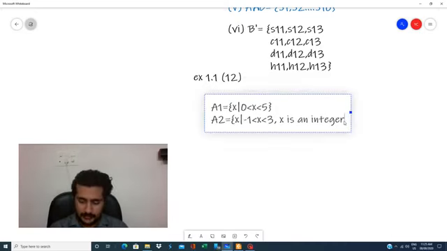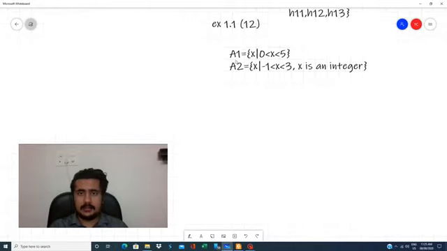Now what this states is that A1 is x, and x is between 0 and 5. So you have to take A1 as it is given in the question.